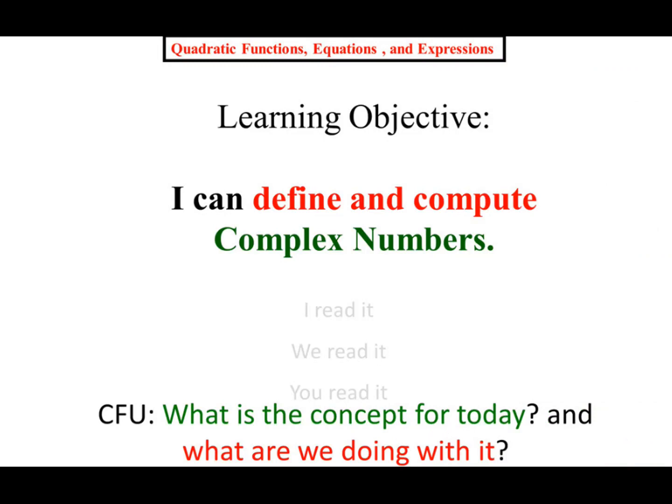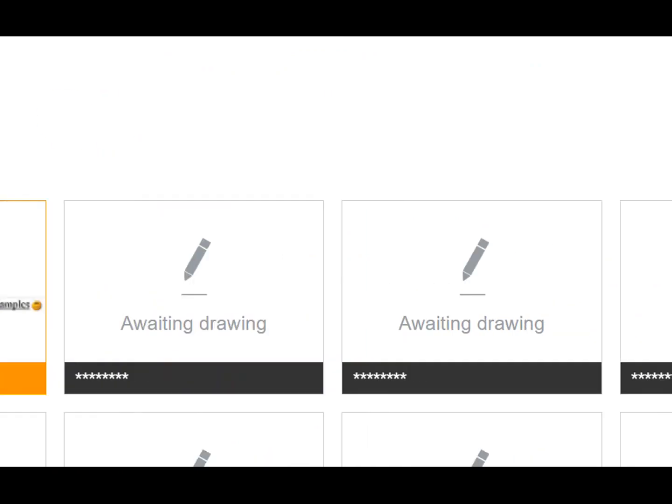All right, here we go. Our objective for today: I can define and compute complex numbers. What's our main concept for today? Still complex numbers. So turn to your neighbor, let me know the definition for complex numbers, please. All right, good conversation.